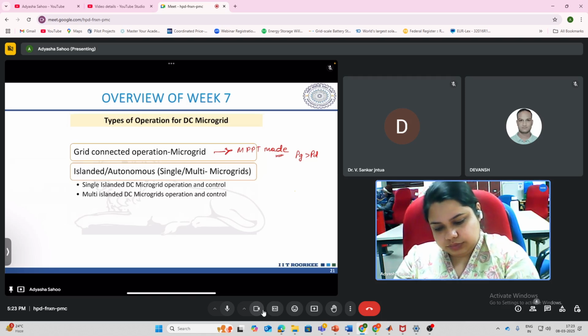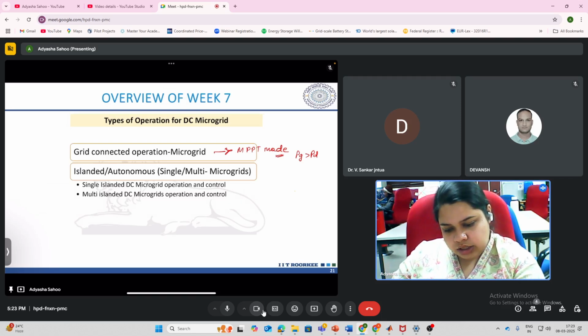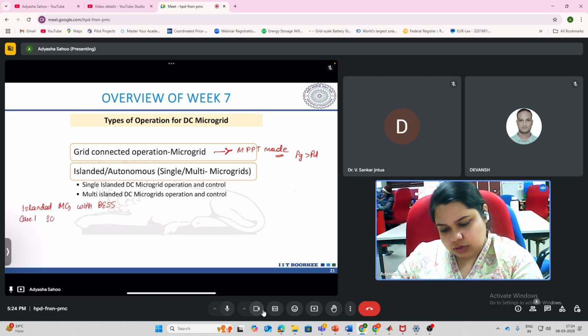So let's say you have an islanded microgrid with a battery. In case one, the SOC of the battery is 0.1.